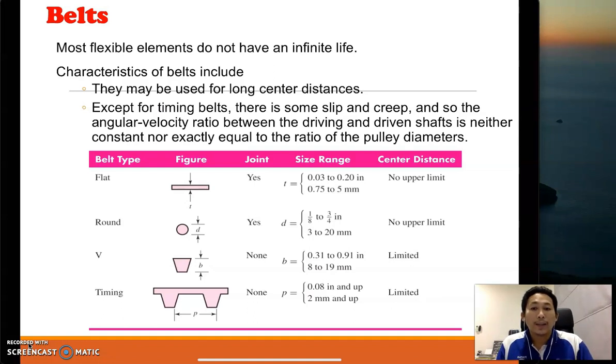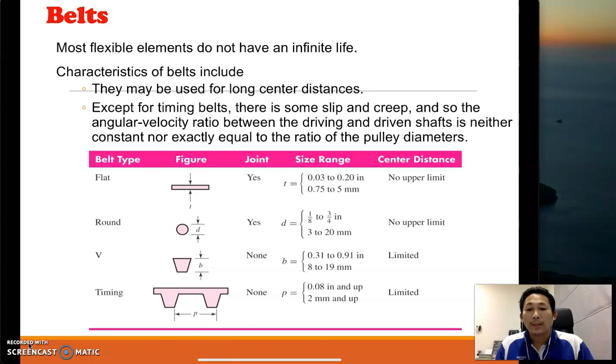So timing belts don't have slip and creep. And so the angular velocity ratio between the driving and driven shaft is neither constant nor exactly equal to the ratio of the pulley diameters.